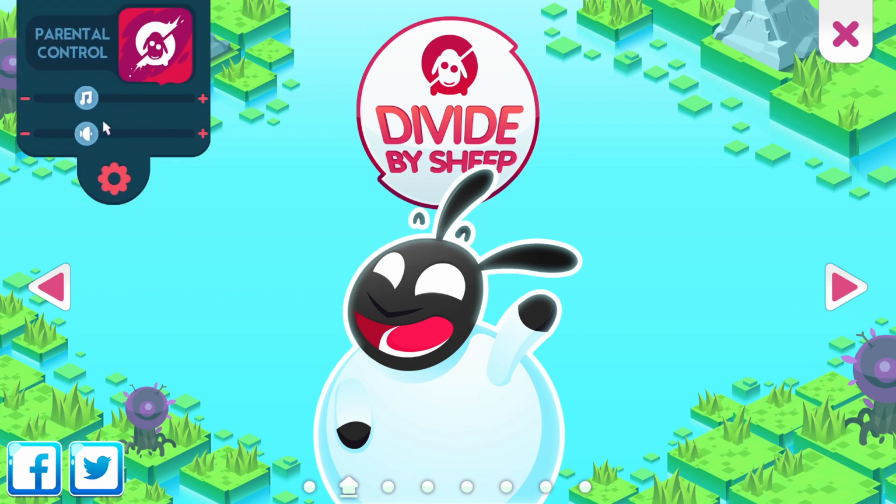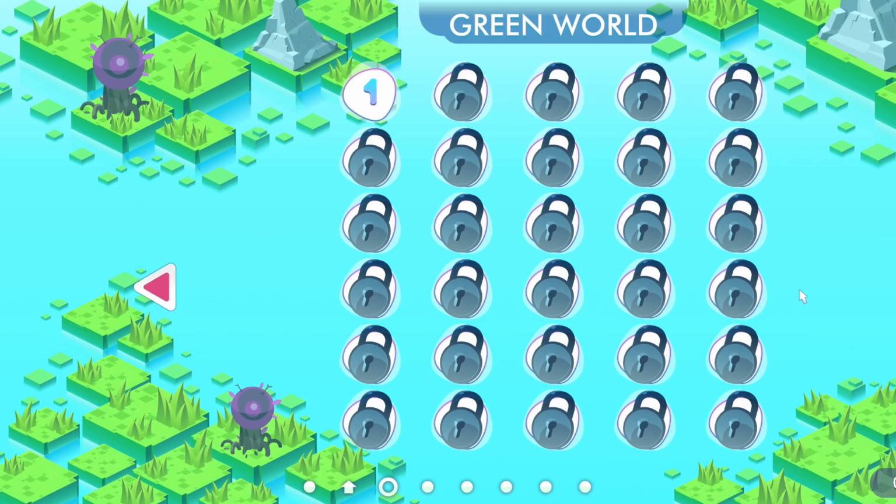As far as settings go, it's just music and volume plus a parental control that really isn't that much of a control. You can turn it on or off, and there seems to be no password or anything. I assume, since this is a game where we're going to fling sheep through lasers, this mode here would just have the sheep not be gorily depicted, and this mode will just show them actually getting split in half.